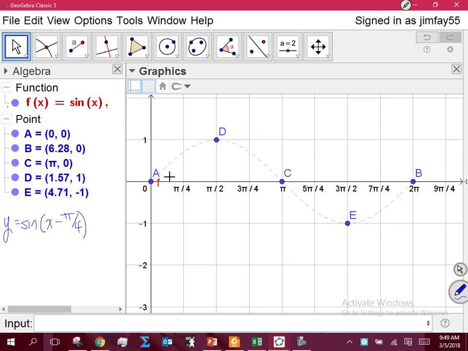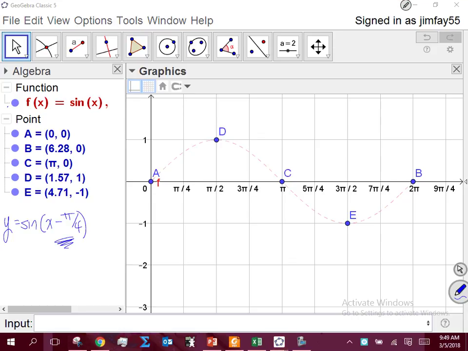So if we have our x-axis written in terms of that unit, that's pretty easy to do. That point is going to go there. This point is going to go there. This one to there. This one to there. And now this one to 9 pi over 4.